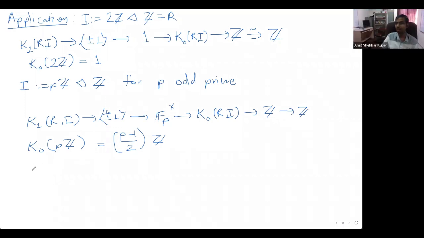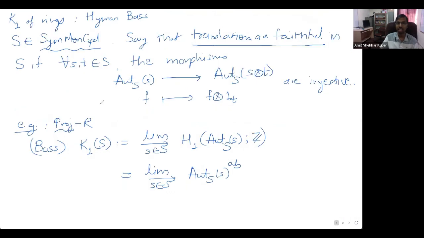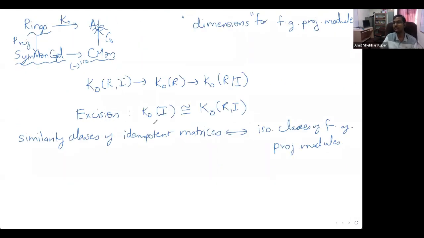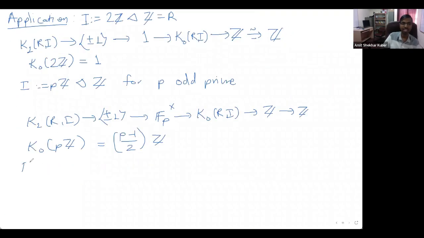Now, finally, I will go back to the first slide itself. Here we said that for K0, we had one more interesting property, that is excision. However, K1 doesn't have the excision property. So excision fails for K1. And how do we check that?